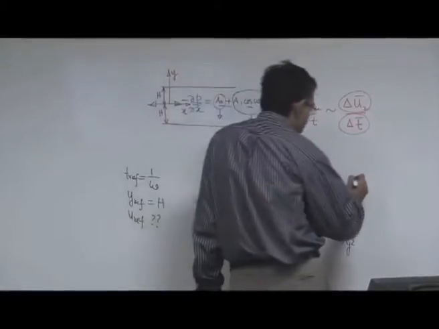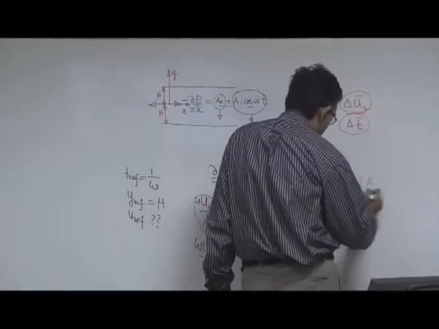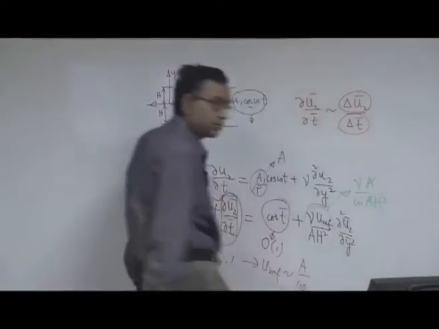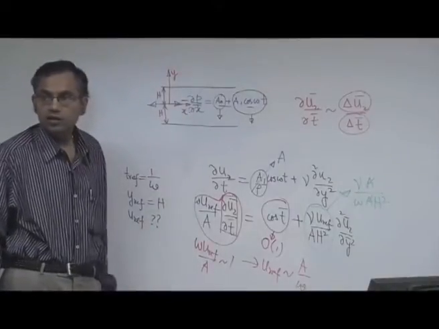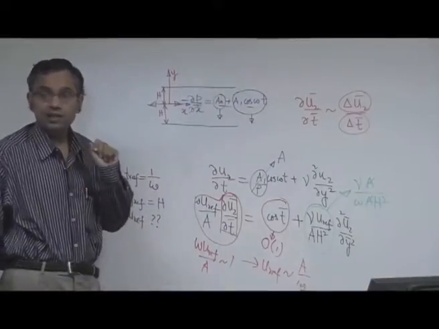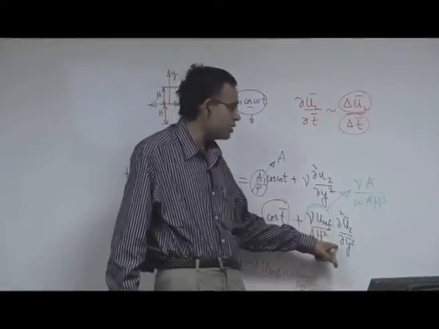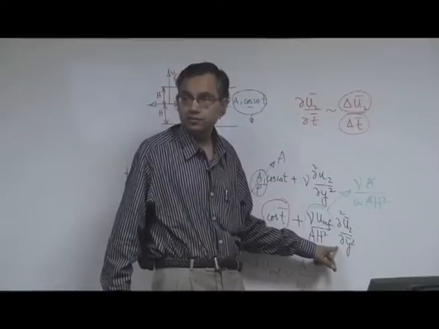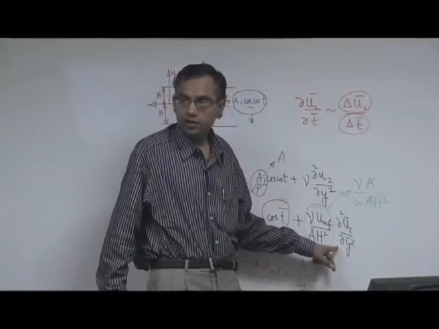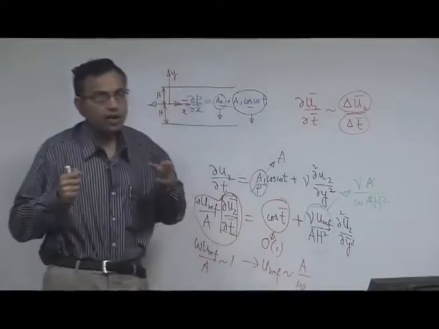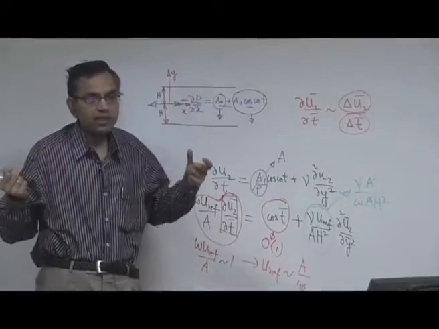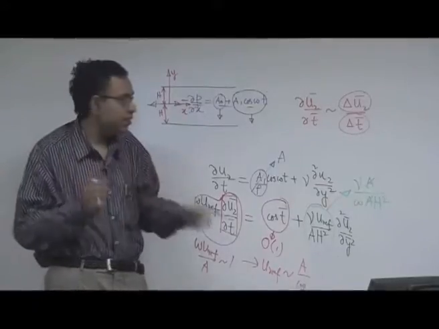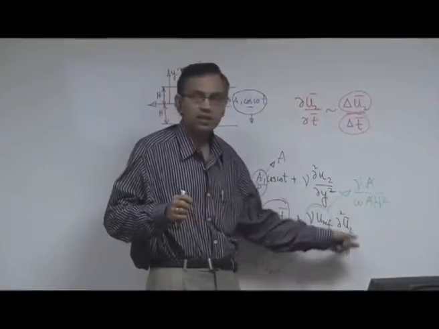So, nu A by omega by A h square. So, A gets cancelled. So, you can see a very interesting thing, the relative influence of the viscous term does not depend on the amplitude of the pressure oscillation, right. It does not matter what is the amplitude of the pressure oscillation, it is large, it is small, medium, whatever, that does not influence the relative influence of this term.